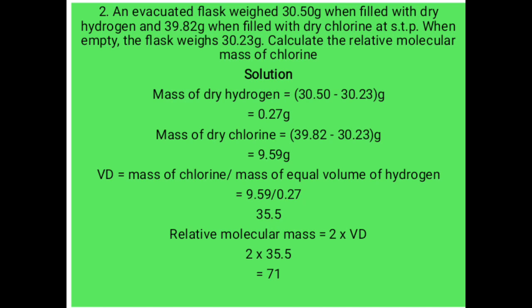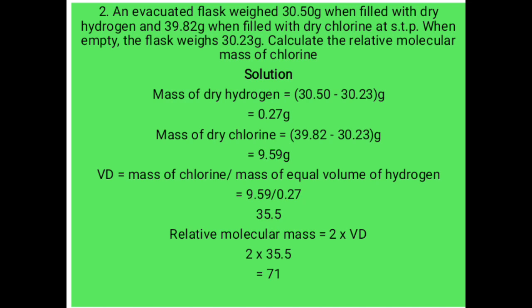Let's look at the second one. An evacuated flask, listen up. An evacuated flask weighed 30.50 grams when filled with dry hydrogen, and 39.82 grams when filled with dry chlorine at STP.